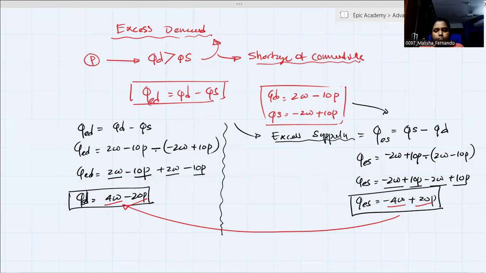If you made mistakes in the calculation, after calculation you have to compare with the excess demand equation and the excess supply equation. If there are any errors, the signs of those equations can be changed. The values must be equal, but the plus value and minus value can be changed.